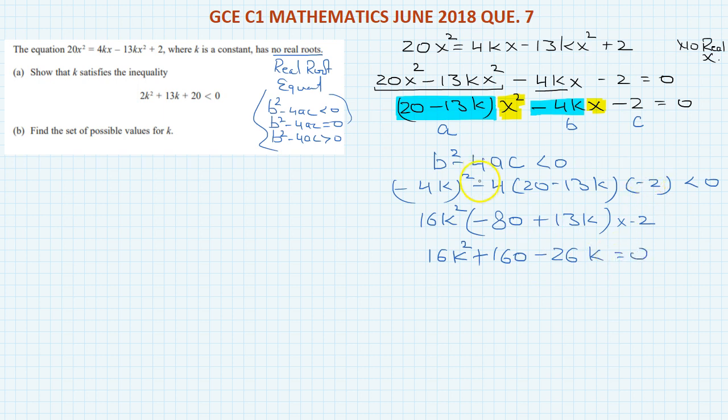You can directly multiply here by 8. So plus 8. 8 times 20 is 160. This is 13. This has to be multiplied by 13 multiplied by 8, so that is 104.